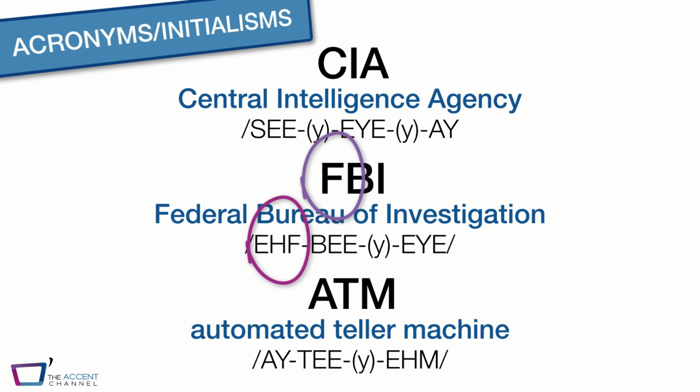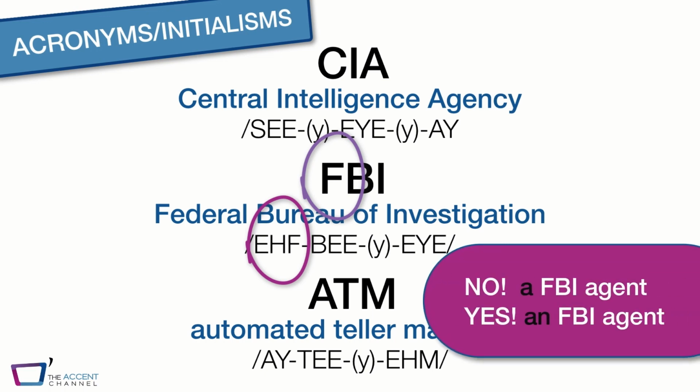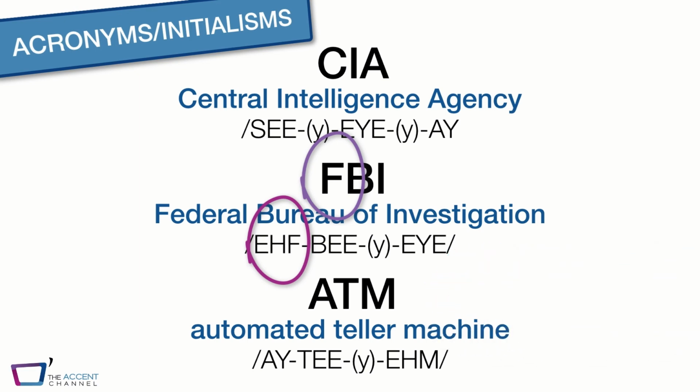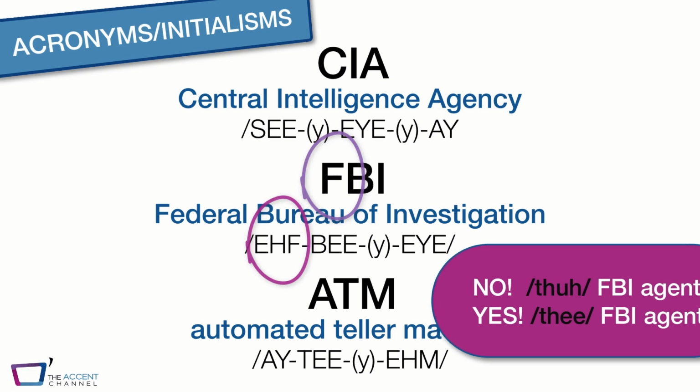Even though it's a consonant letter and it looks like a consonant, FBI, you're going to treat it as a vowel. So I would not say "a FBI agent." I would say "an FBI agent." That's a grammar problem, so that one's super important. With "the," it's just a pronunciation thing, but I wouldn't say "the FBI agent." I would say "thee FBI agent," because I'm actually pronouncing a vowel.